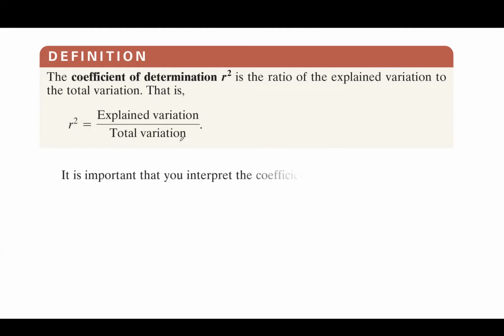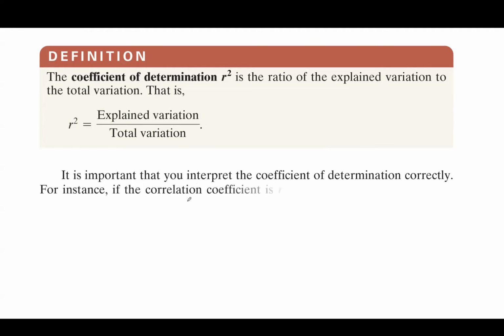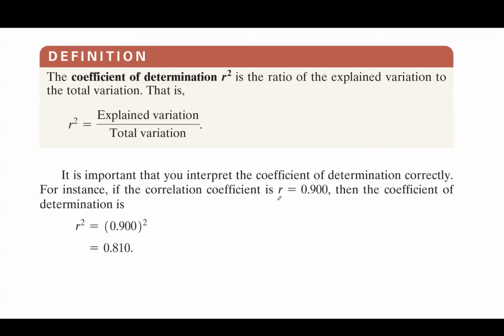It's important that you interpret the coefficient of determination correctly. For instance, if the correlation coefficient is 90%, then the coefficient of determination is 90% multiplied by 90%, or just 90% to the second power, which gives you something a little bit different. It is 81%. What's the meaning of that?